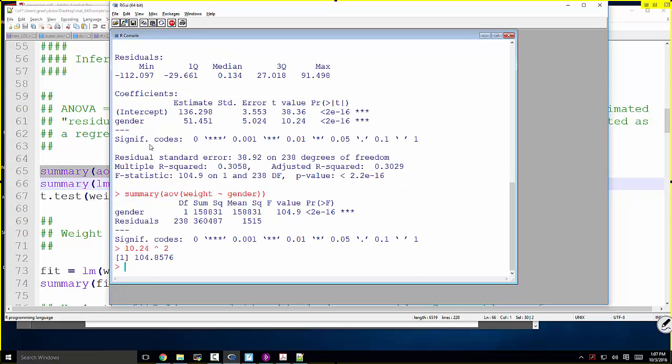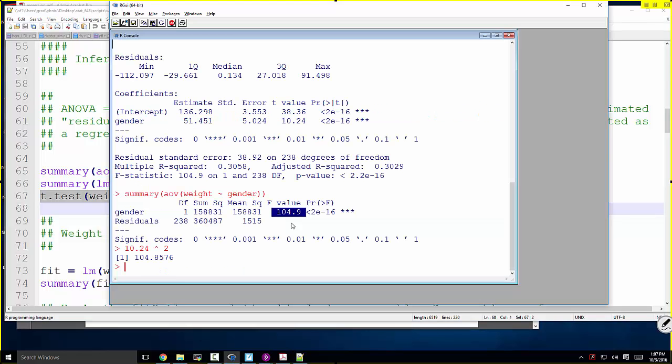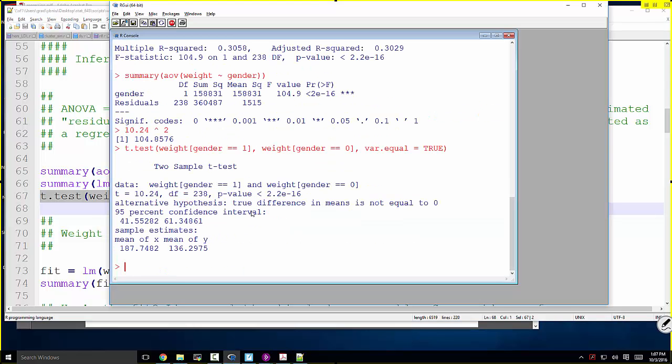Note also that this t statistic is the square root of the F statistic. So from multiple angles, we're doing the exact same thing, whether we do regression or ANOVA in this case. Also exactly the same thing as doing a t-test. Here's that same t statistic as came up in the regression model.